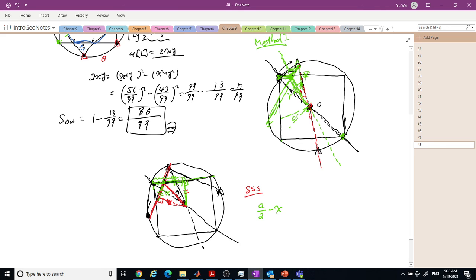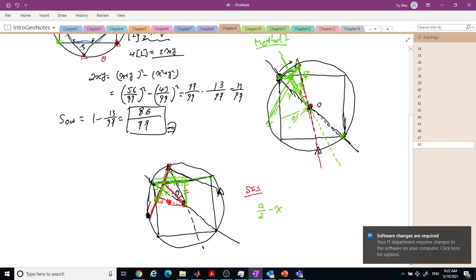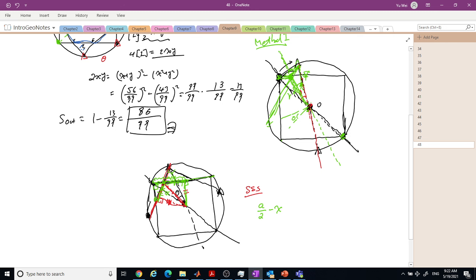Now we want to prove this is a right triangle with the same angle, so they are similar. We also prove this one equals this one: this is half of the side minus x, and this is also half of the side minus x.